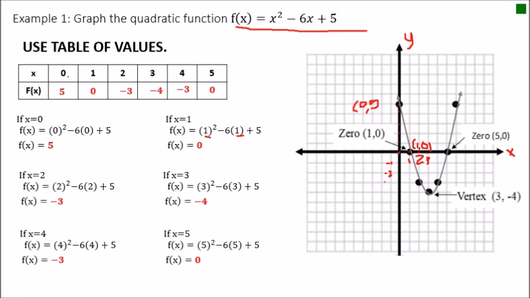Then, we have here negative 3. And the next natin ay negative 4. So, we have the x-axis 2, negative 3. Tapos, yung negative 3 natin mula sa 2, bababa ka ng 3. So, itong point na to, this is your 2, negative 3.